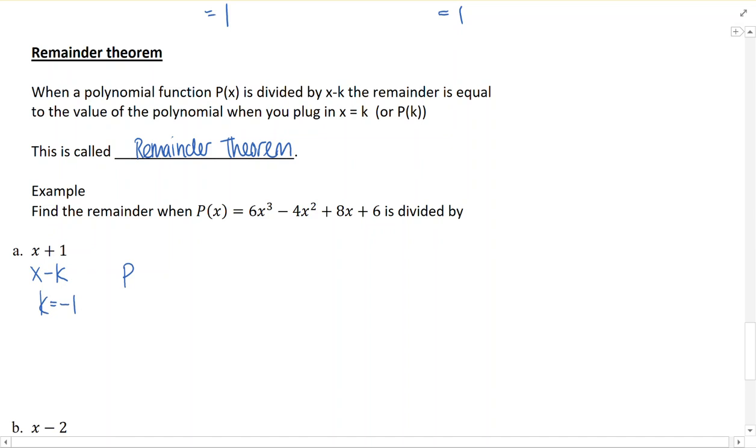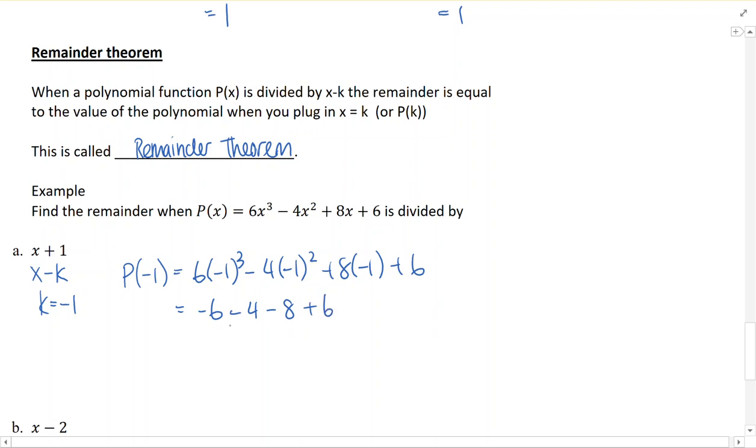So p of negative 1: 6 times negative 1 cubed, minus 4 times negative 1 squared, plus 8 times negative 1, plus 6. Let's figure this out. It's negative 6 minus 4 minus 8 plus 6.